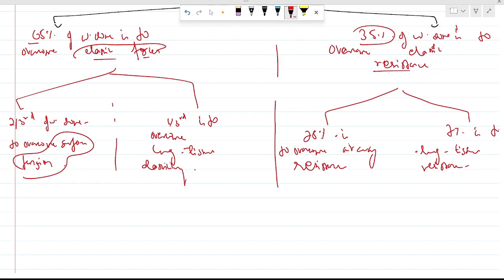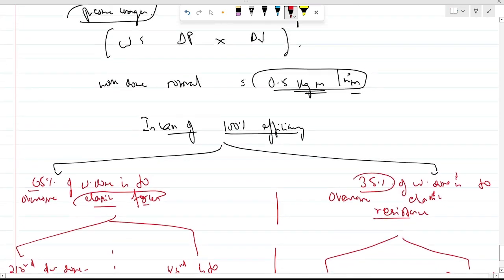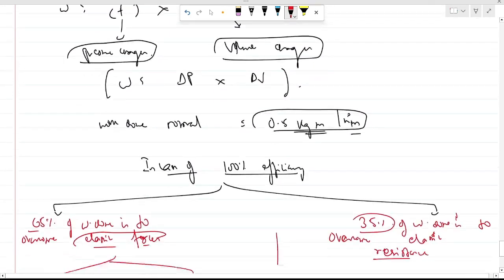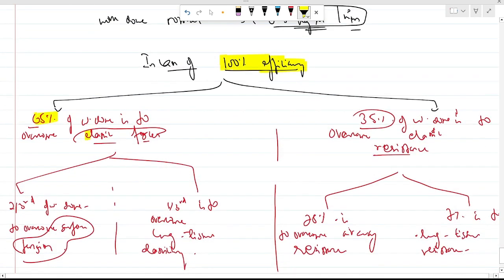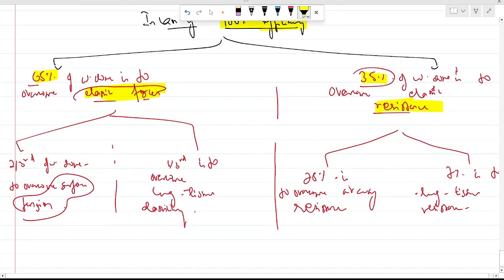This was our demarcation of work done in case of 100% efficiency. 65% is to overcome elastic forces, 35% is to overcome resistance. Out of the 65%, 2/3 is to surface tension due to water molecules, 1/3 is to lung tissue elasticity. Of the 35%, 28% is to airway resistance and 7% is to lung tissue resistance.